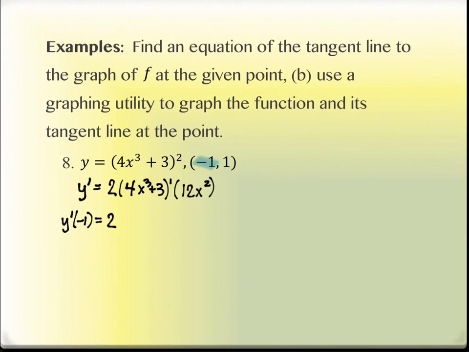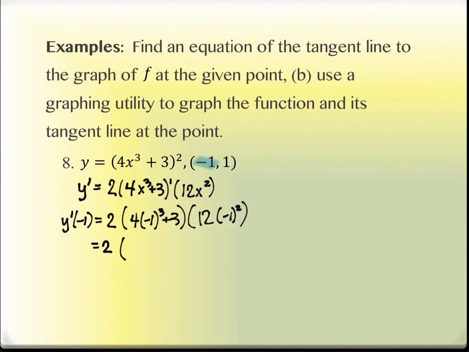So I have 2 times (4 times negative 1 cubed plus 3), and then 12 times negative 1 squared. The 2 will stay at the beginning. Negative 1 cubed is negative 1, times 4, negative 4, plus 3, negative 1.